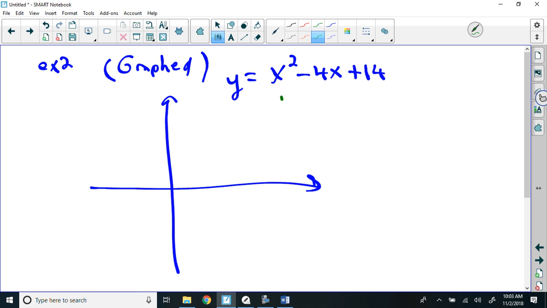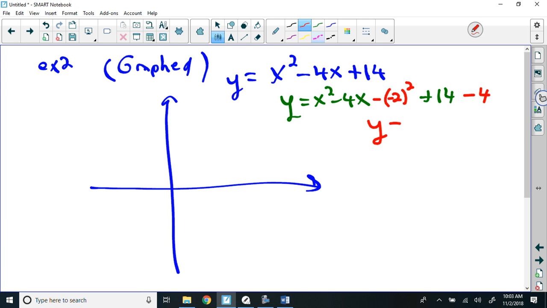I don't know if you remember this. y equals x squared minus 4x plus 14. We subtract negative 2 squared, so we minus 4. So our vertex is (2, 10). 1, 2, 1, 2, 3, 4, 5, 6, 7, 8, 9, 10. Vertex is (2, 10). It's a parabola that starts there, and it opens up.